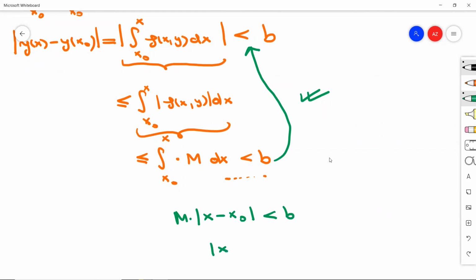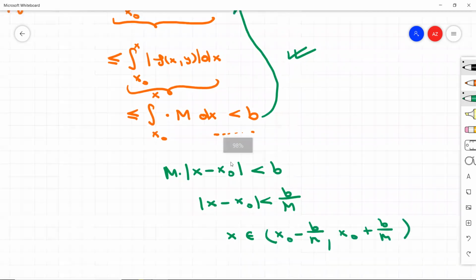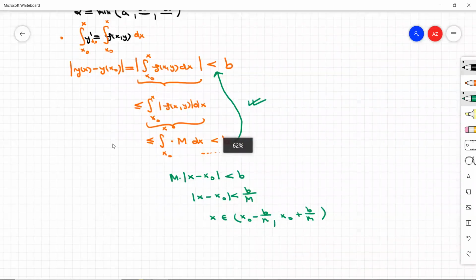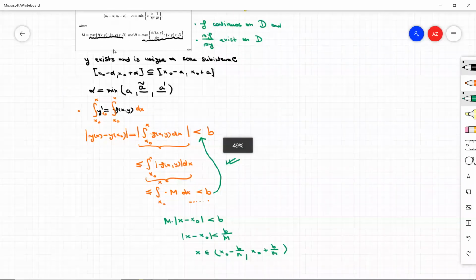The condition is that the absolute value of x minus x0 is smaller than b over M. This means that x must be in the interval from x0 minus b over M to x0 plus b over M. And what we obtained is in fact the second bound on alpha.